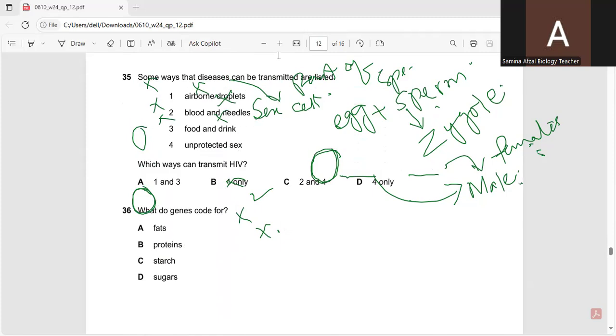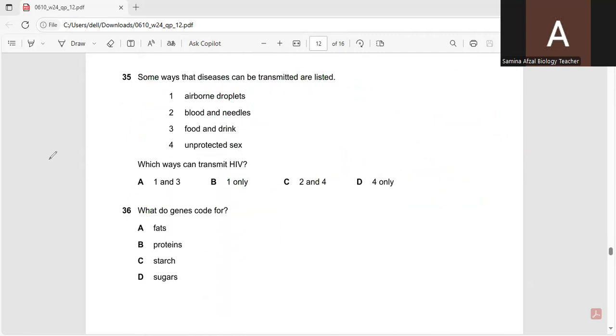Next is question number 35. Some ways that disease can be transmitted are listed: number 1, airborne droplets; blood and needles; food and drink; unprotected sex. Which ways can transmit HIV?